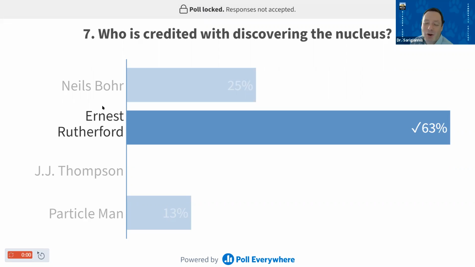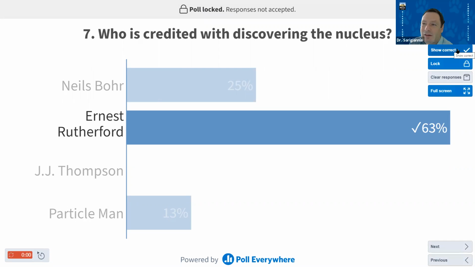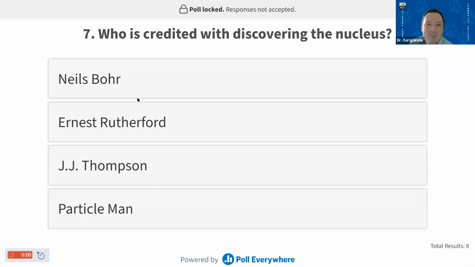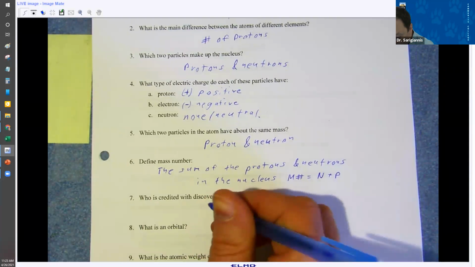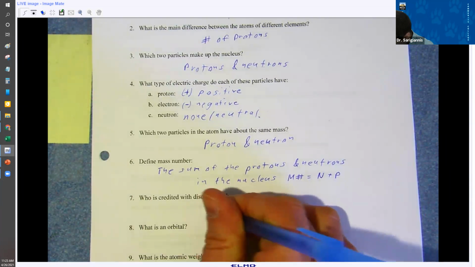And we joke about this plum pudding model, but even he was not convinced it was true. He was just trying to make his best guess without any evidence at all. So Ernest Rutherford.